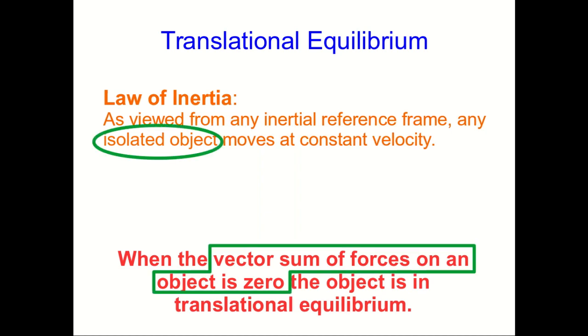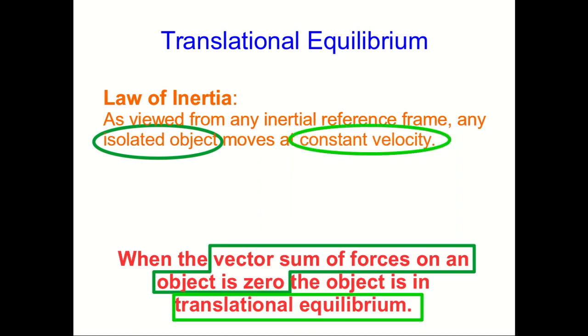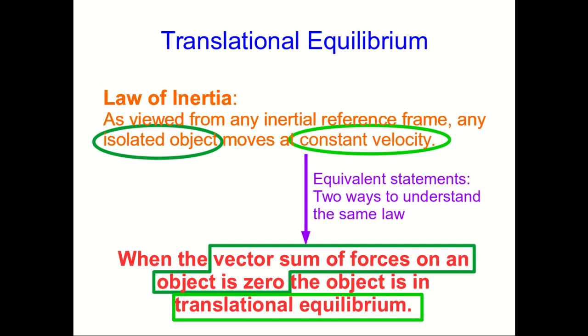And so having a vector sum of forces that is zero acting on an object is the same thing. That's isolated. And constant velocity is the same thing as translational equilibrium. So in other words, these two laws here are just equivalent statements. They're two ways to understand the same law.